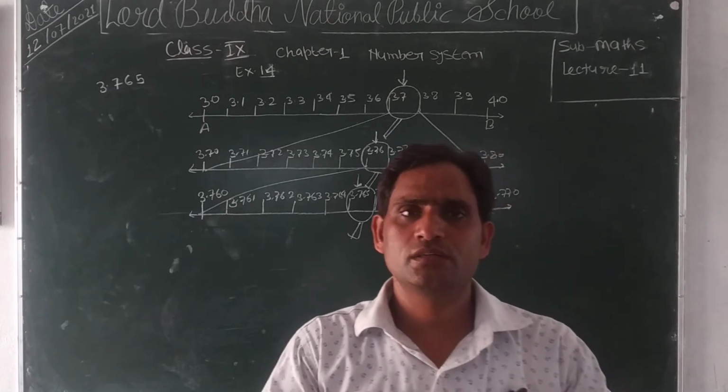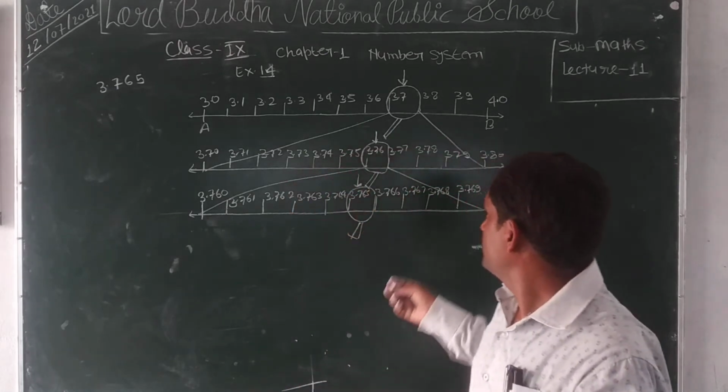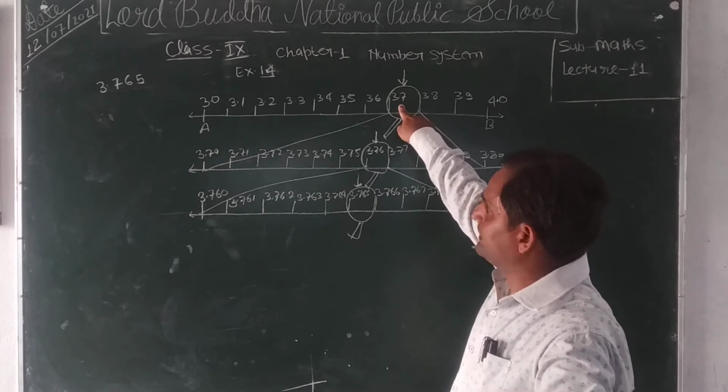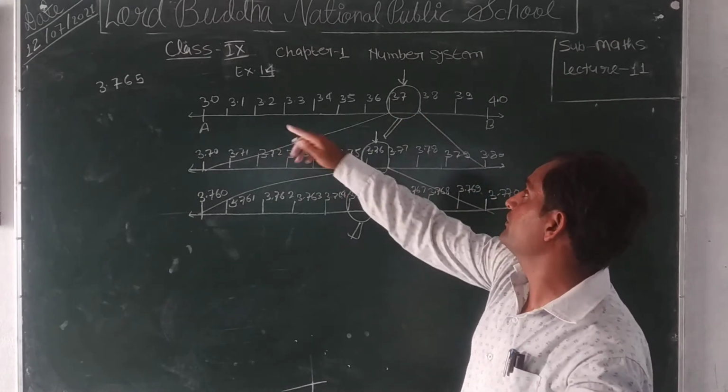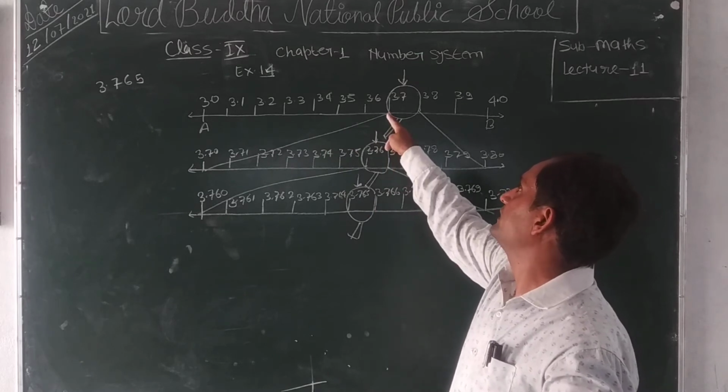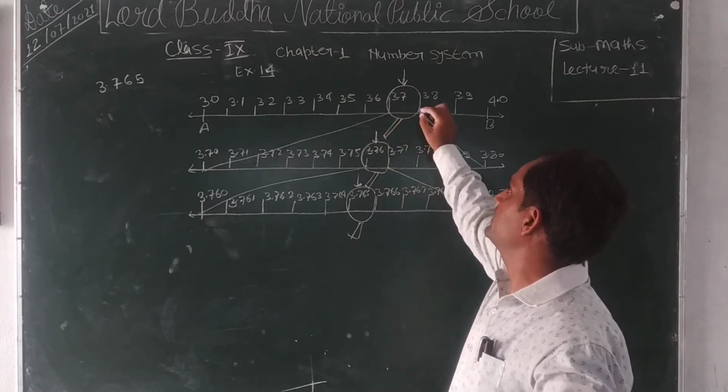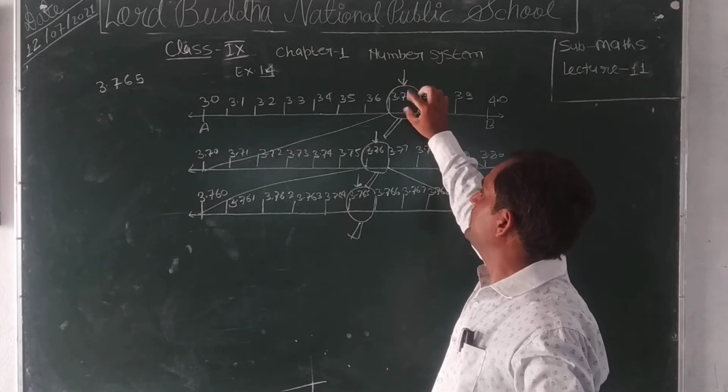So first of all, you draw a straight line and divide it into 10 equal parts. After that, we visualize 3.7, as we know that our number will lie between 3.7 and 3.8. Hence, we magnify it.